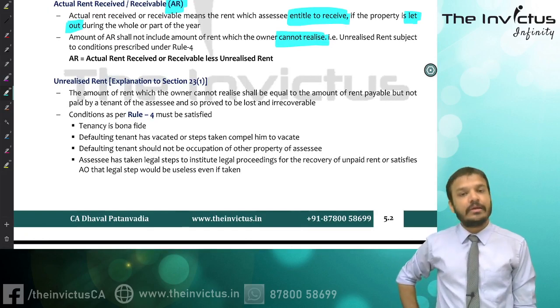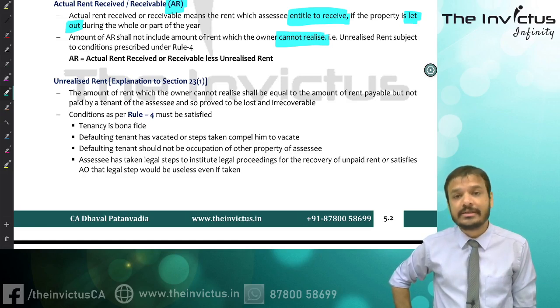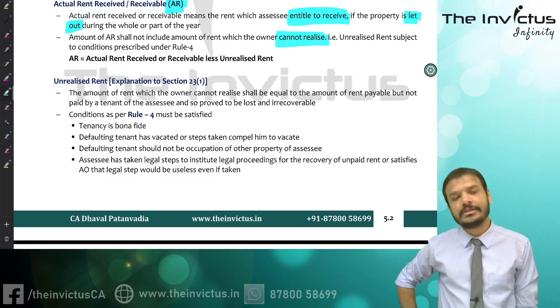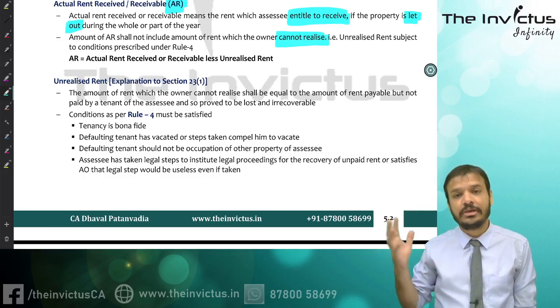So what do you mean by unrealized rent now? If you want to claim unrealized rent as a deduction from your annual rent or actual rent, we need to satisfy 4 conditions given under Rule 4. First of the conditions is that tenancy must be bona fide.